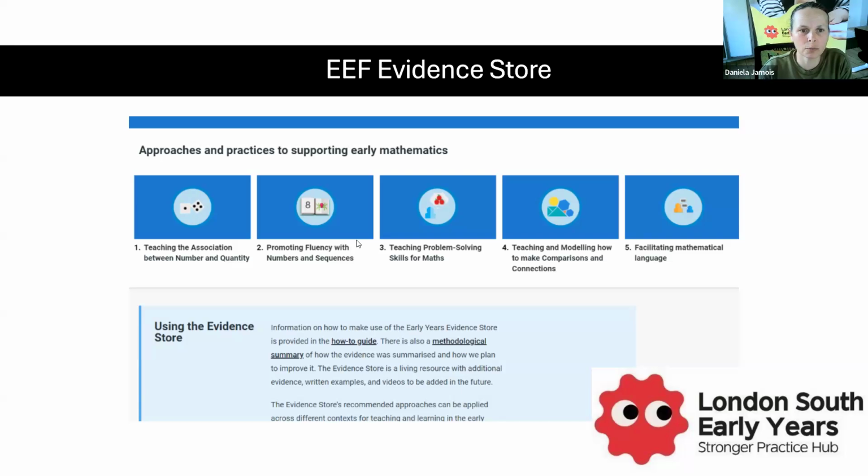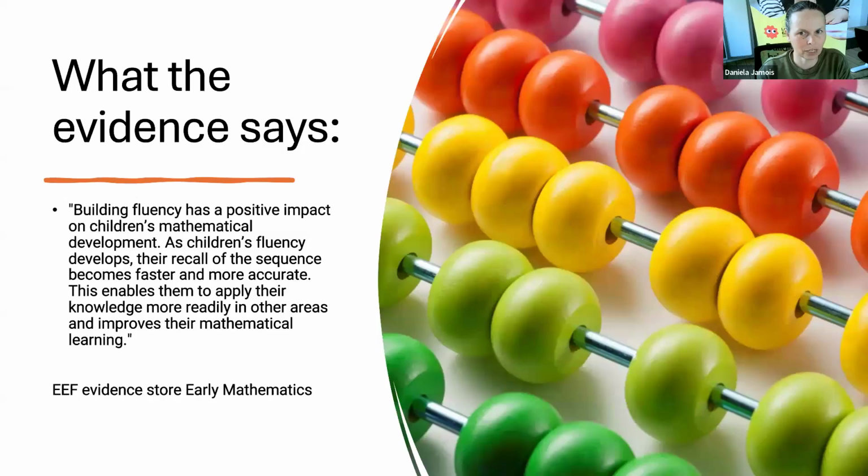And you can see the first 2 approaches, teaching the association between number and quantity and promoting fluency with numbers and sequences, are the 2 that are absolutely linked to the idea of cardinality and counting. So well worth having a look at those approaches on the evidence store.